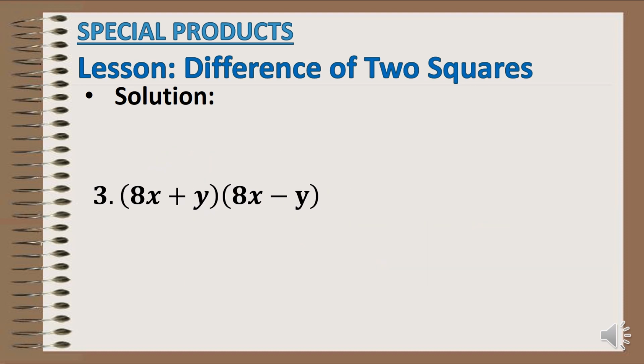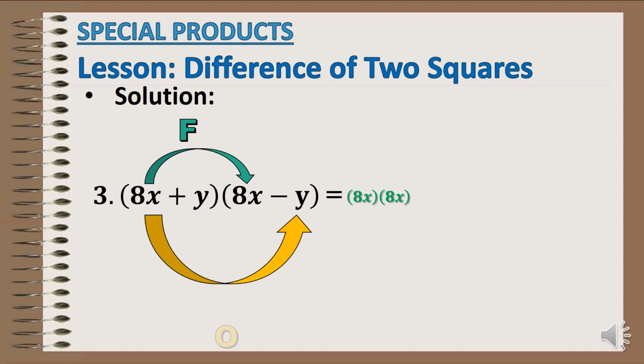Let us take a look at this example, the quantity of 8x plus y times 8x minus y. Same rule applies, 8x times 8x, our first terms. Then our outer terms, we have plus 8x times negative y. Our inner terms, we have plus y times positive 8x.